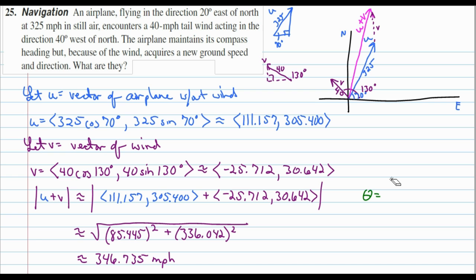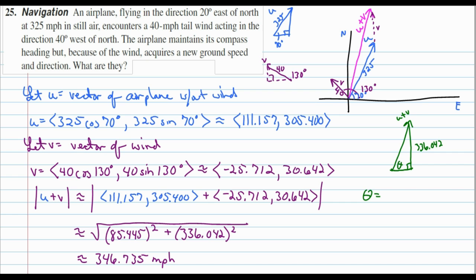Now, theta, the new direction of the airplane, is going to be based off of the vector u plus v. Theta we don't know, we're trying to solve for it, but we do know that the y value of u plus v is 336.042. That's what we found when we added the u and v y coordinates.